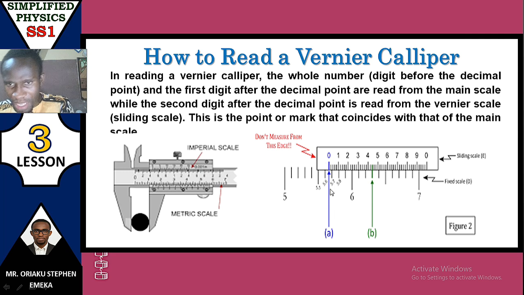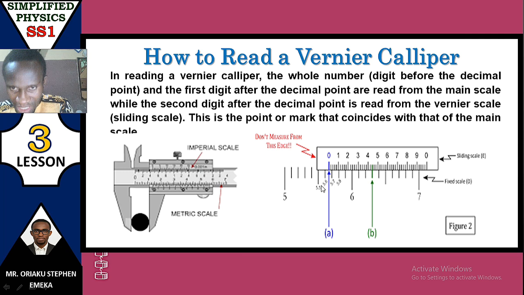Here we have 5.5, 5.6. So this is 5.6, because this is 5, 5.1, 5.2, 5.3, 5.4, 5.5, 5.6. So 5.6 is the value on the main scale before the beginning of the vernier scale. So the reading of the main scale is 5.6.